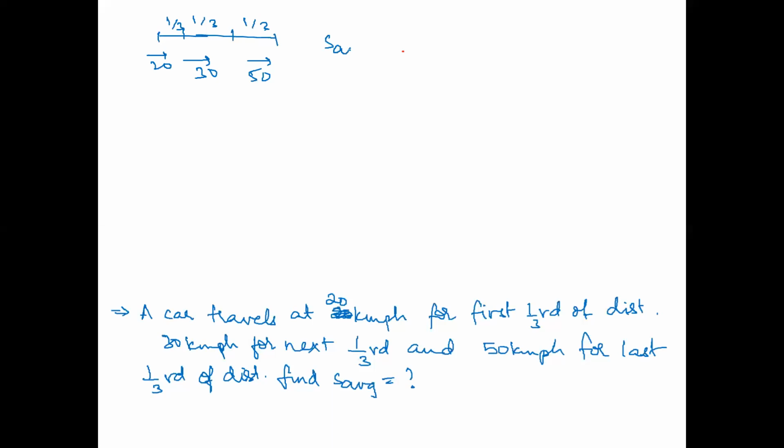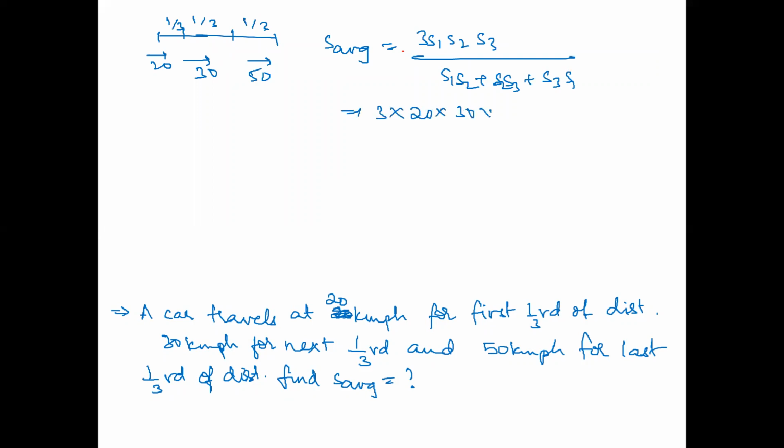Average speed formula is 3 S1 S2 S3 by S1 S2 plus S2 S3 plus S3 S1. Right guys? So 3 into 20 into 30 into 50 by the product of each: 20 into 30 is 600, 30 into 50 is 1500, plus 20 into 50 is 1000.